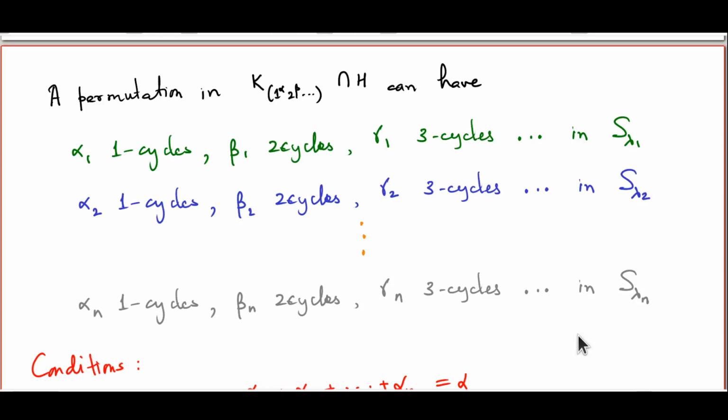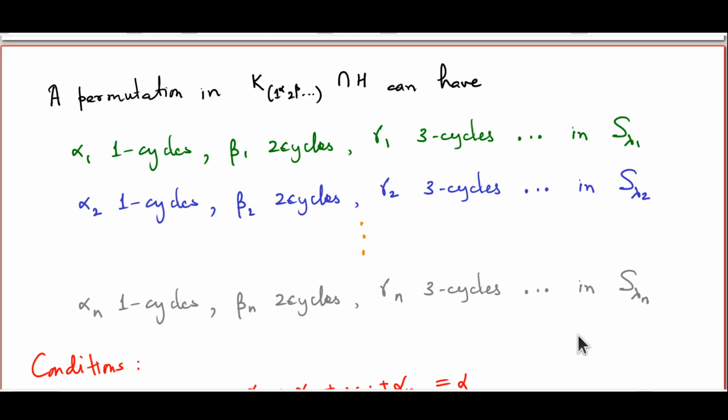So let's say it has alpha 1 1-cycles, beta 1 2-cycles, gamma 1 3-cycles in S lambda 1. Similarly, alpha 2 of its 1-cycles, beta 2 of its 2-cycles, gamma 2 of its 3-cycles, etc. come from S lambda 2, and all the way down the line up to alpha n 1-cycles, beta n 2-cycles, gamma n 3-cycles and so on, coming from S lambda n.